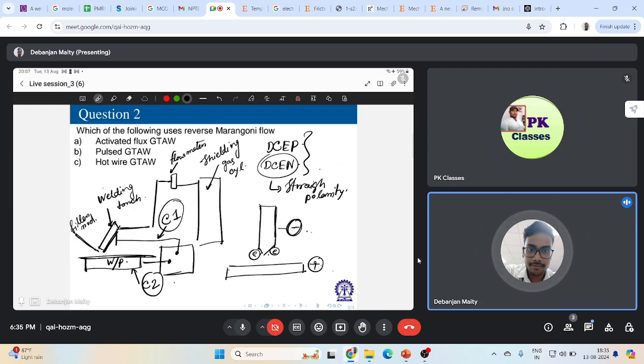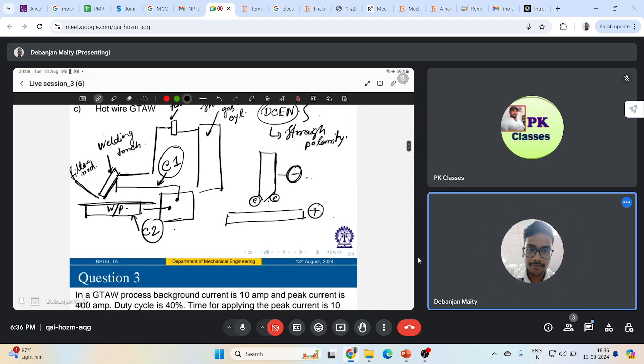Whenever these electrons are accelerating through this arc, there will be a significant amount of energy. What is that energy called? That is called work function, or thermionic work function, right?